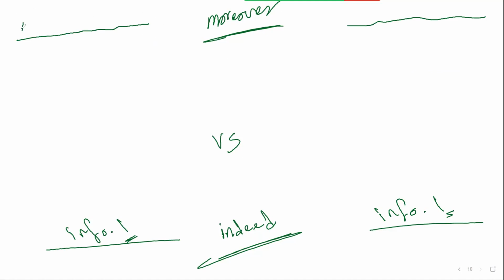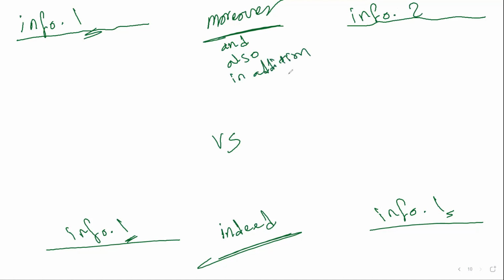With moreover, guys, I write two pieces of information. This is piece of information one about USA. This is a piece of information two about USA. So with moreover and also in addition, I just write a second piece of information and what comes after, second piece of information.